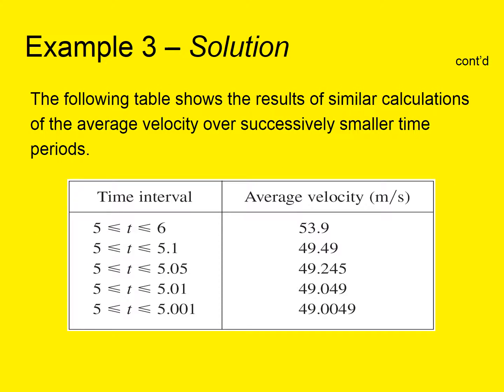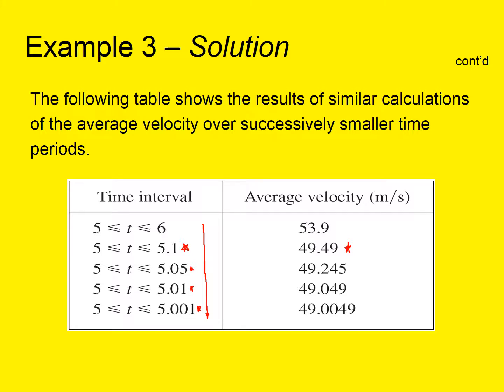Okay, so here's the 5.1 that we just did, and the 49.49 average velocity in meters per second that we just got. But now what we can do is let that time interval go from 1 entire second to 1/10 of a second to 5/100ths of a second to 1/100th of a second to 1/1000th of a second.